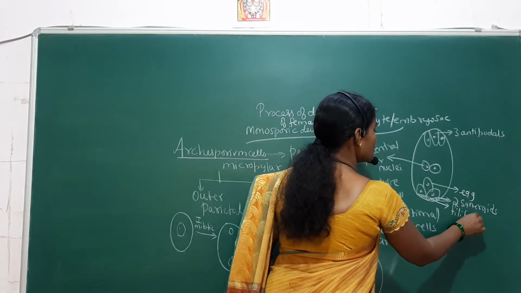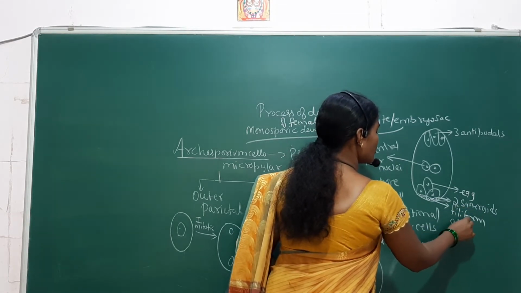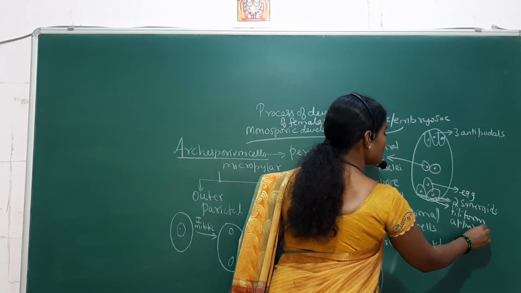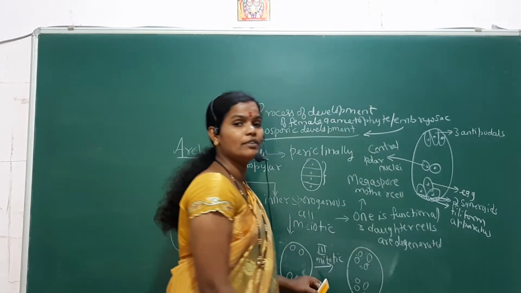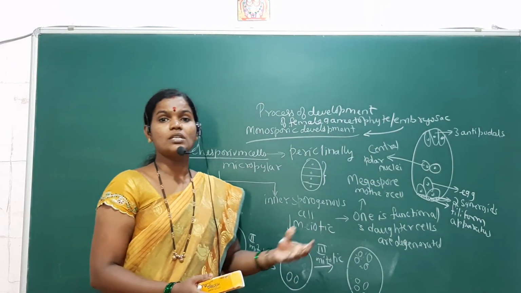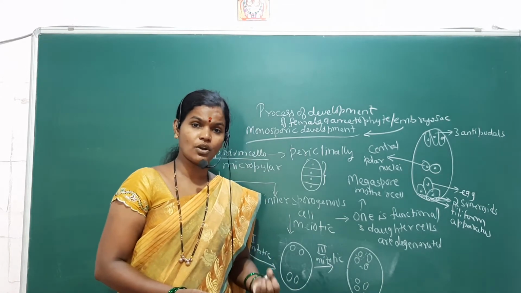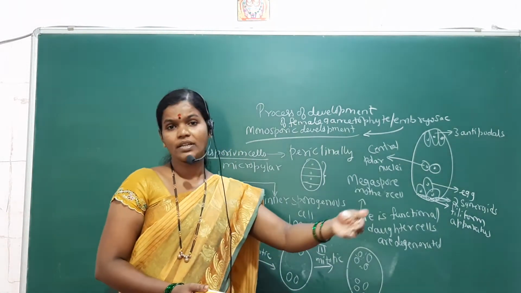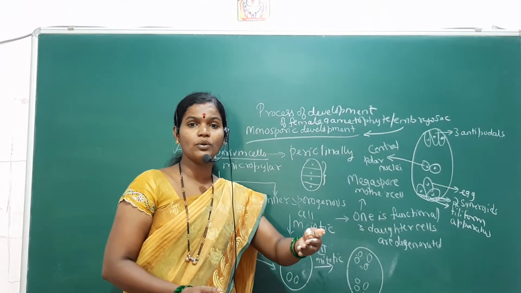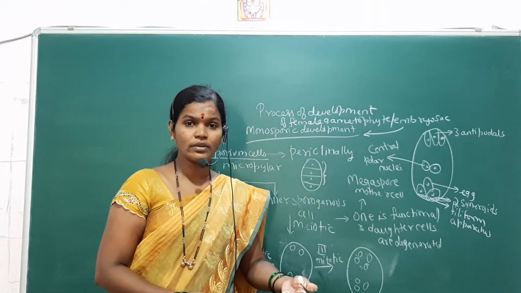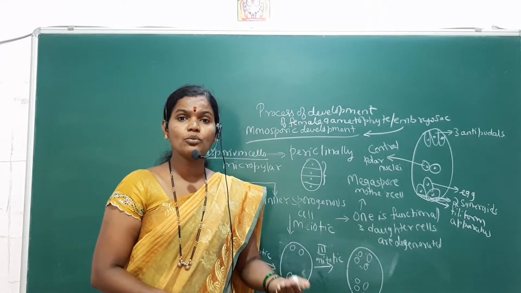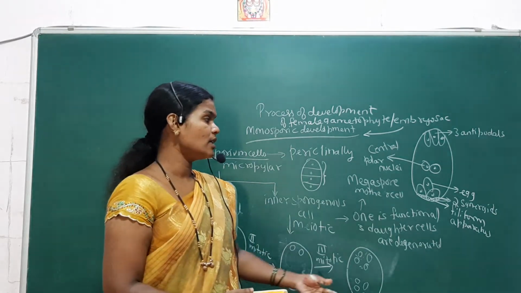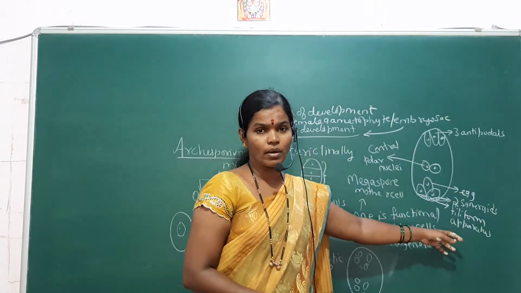When the pollen tube travels and hits the micropyle region of the ovule, it has to bear that shock, and that is done by the filiform apparatus.